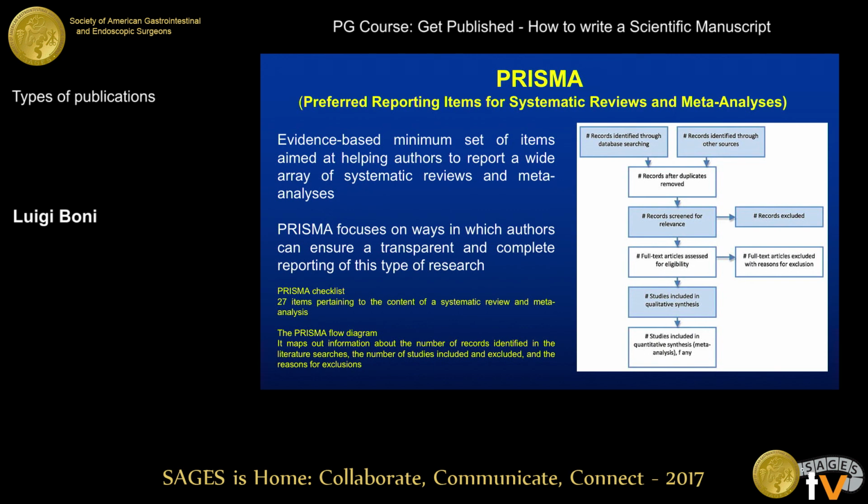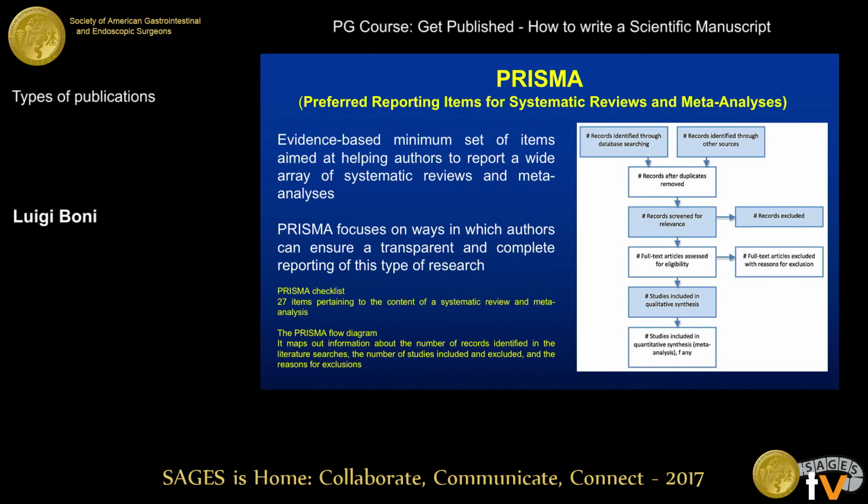When you perform a systematic review or meta-analysis, you should refer to the Preferred Reporting Items for Systematic Reviews and Meta-Analyses. They call it PRISMA. It is a website you can actually find, and they give you a checklist of 27 items that should be in the content of a systematic review, and they also give you a flowchart diagram in order to obtain and to select the studies that you are going to use for your systematic review or meta-analysis.